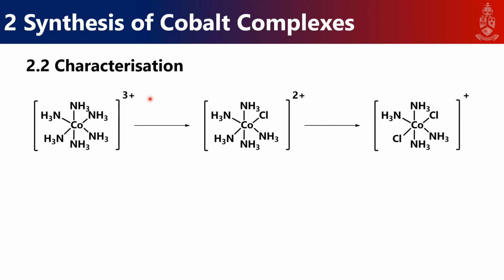Remember what a counter ion is? It's an ion that needs to counter the charge of the complex itself. So for example, it will either be nitrito or chlorido anions, depending on what the practical guide says there.